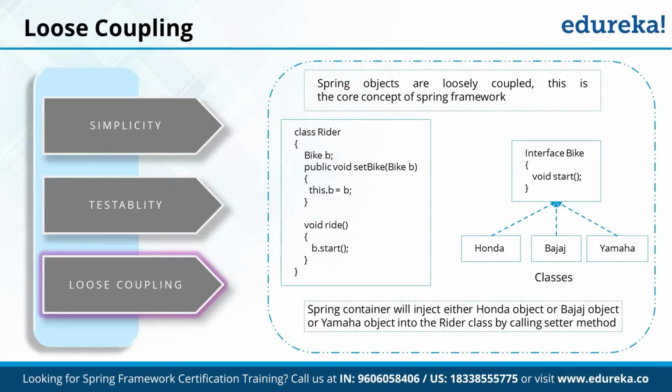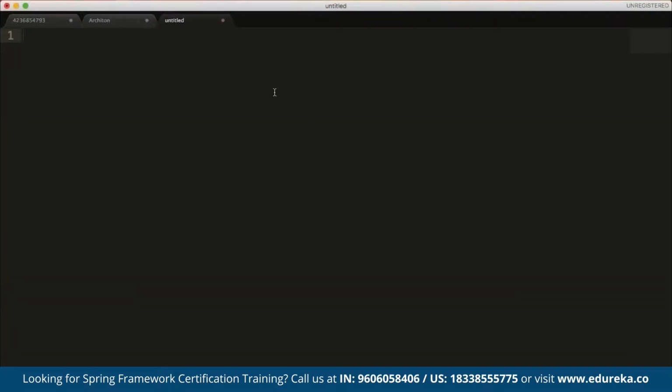The runtime polymorphism concept here is implemented in a very beautiful way, and it ultimately takes us to something known as a loosely coupled environment. Let's discuss one example of how the loosely coupled concept comes into action. Let's say I got one class, Rider, correct, and one more class, Bike.